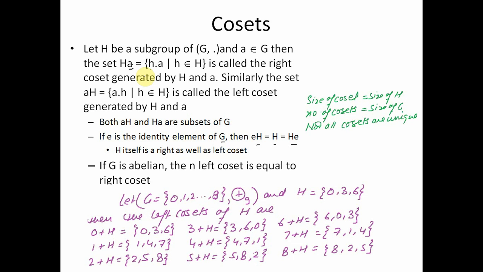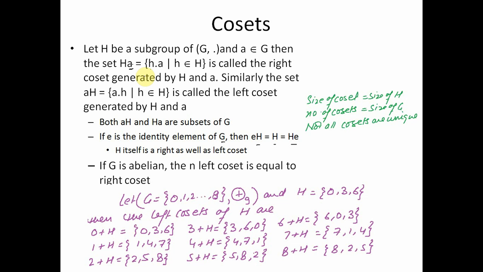Let's take an example. Let us take the group G as the numbers 0, 1, 2, 3, 4, 5, 6, 7, 8 and the operation as addition modulo 9. Remember, addition modulo 9 means I'll add the two numbers, take the result, divide it by 9 and take the remainder.